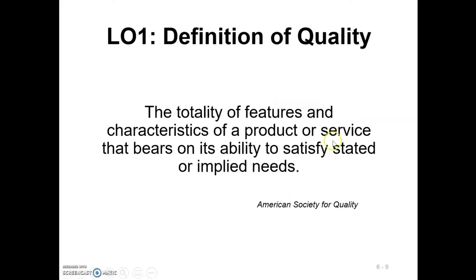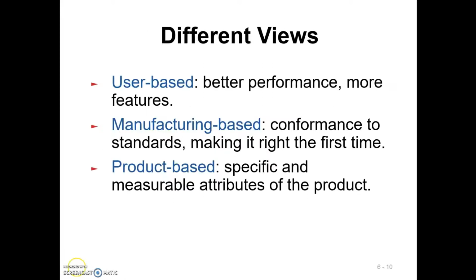So this is a definition by the American Society for Quality. We have the totality of features and characteristics of a product or service that bears on its ability to satisfy stated or implied needs. There are different views to define quality.